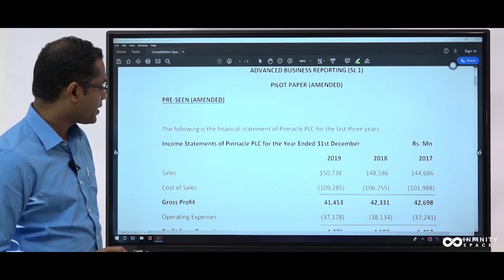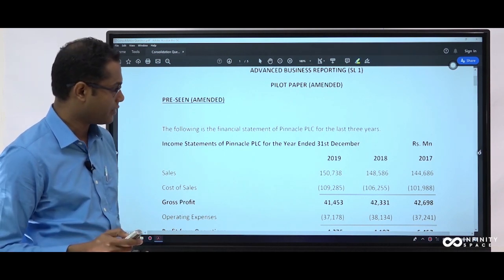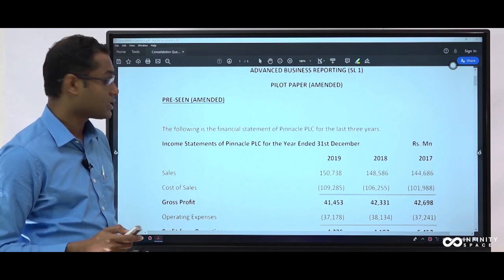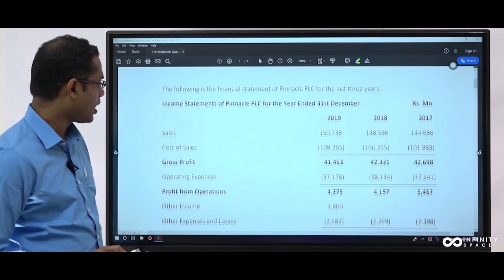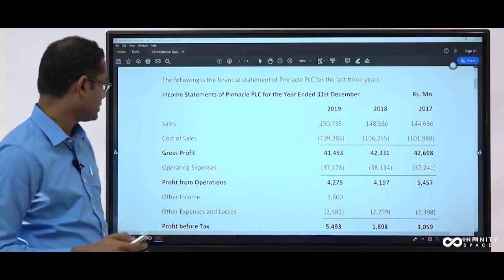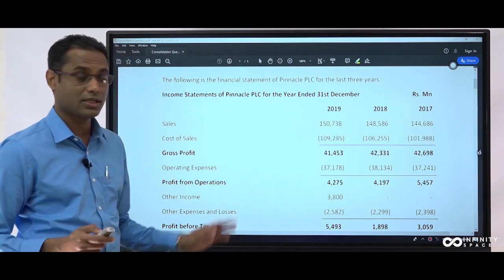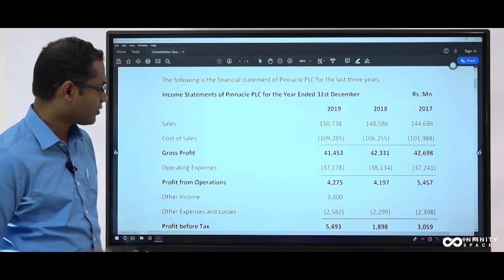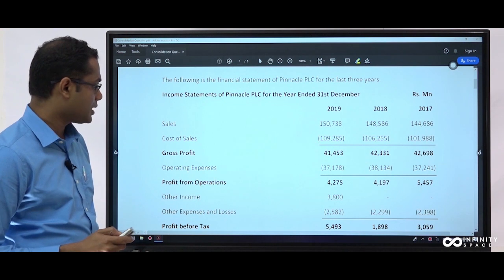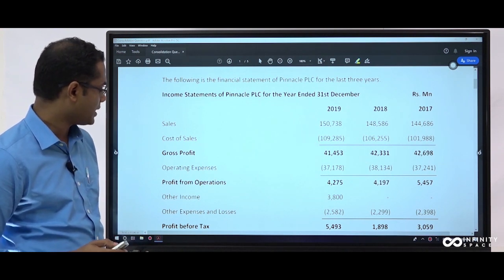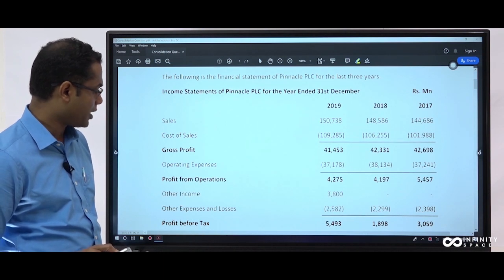The income statement of Pinnacle PLC for the year ended 31st December 2019 is given. All figures are in rupees millions. I am reading only the 2019 figures. First of all, sales 150,738, then cost of sales 109,285, gross profit 41,453, operating expenses 37,178, profit from operations 4,275.